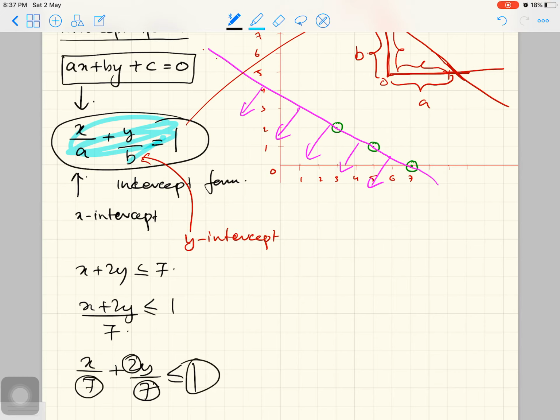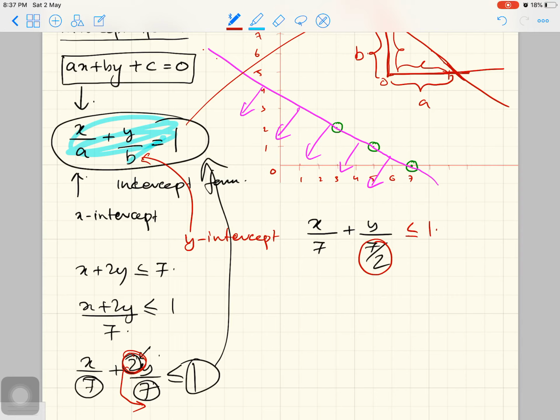These are almost the same, but the only problem is this 2. So what I can do is x by 7 plus y by 7 by 2. This 2 goes down here. So this is less than or equal to 1.